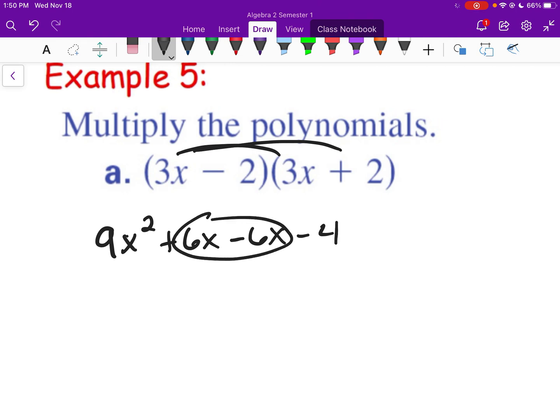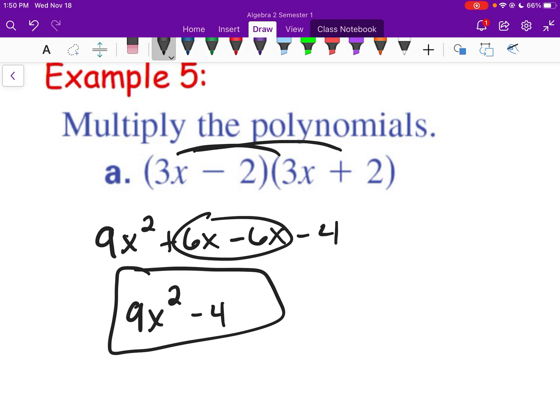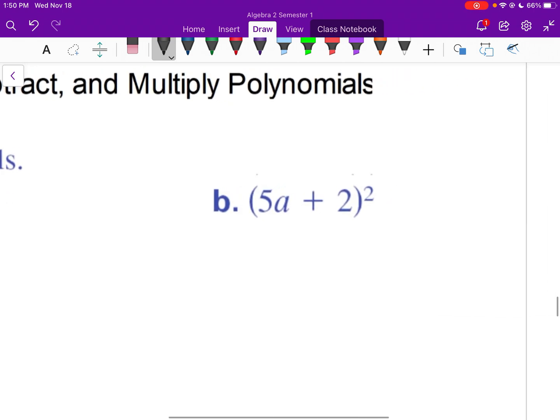Combining like terms here, 6x minus 6x, those cancel. So we get 9x squared minus 4. Now what you're going to notice, these are conjugates. So when you multiply conjugates, it should come up with two terms, that 9x squared minus 4. If you factor that, you'd get that 3x minus 2 times 3x plus 2.